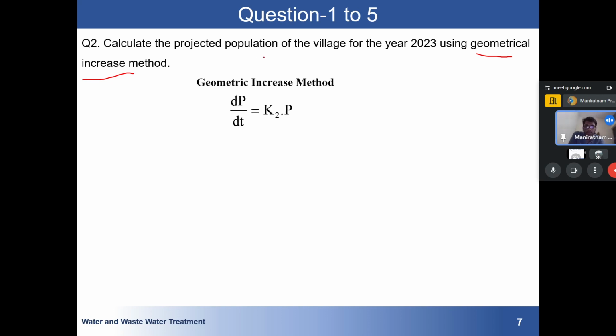Geometrical increase method means the population at any time is increasing depending upon the population of that current location, at that time.